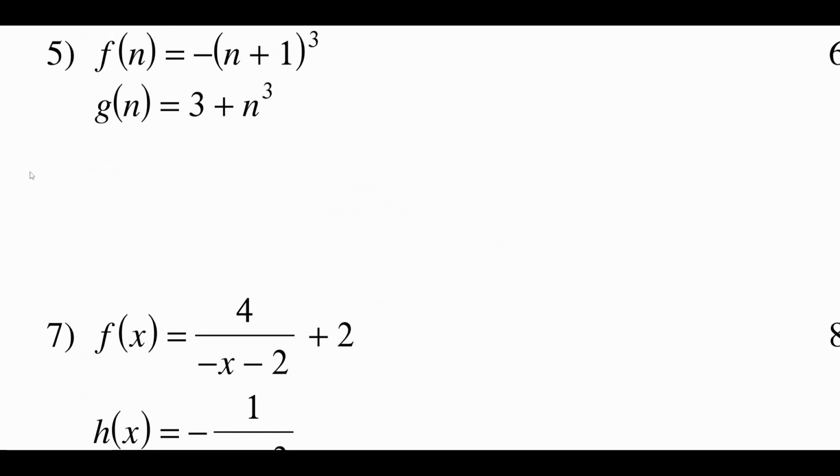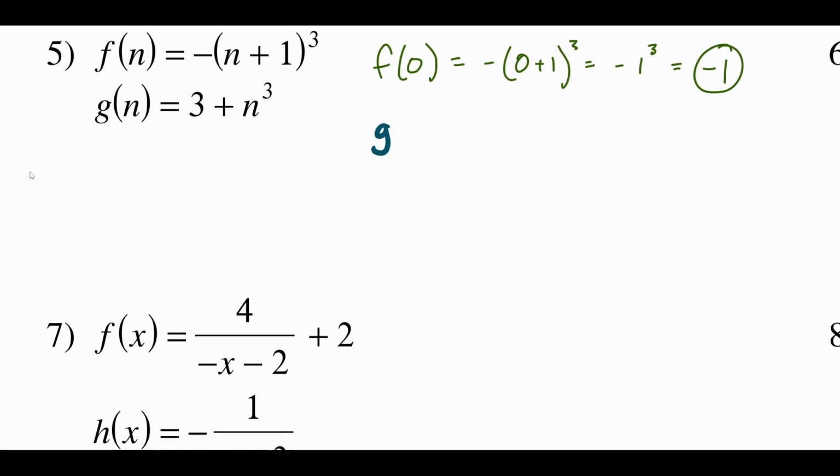Moving on to number 5. Again, let's choose that point of 0. So f of 0 equals negative 0 plus 1 cubed. So negative 0 plus 1 is going to be a negative 1 cubed, which results in a negative 1. So if that's my output for plugging in 0, I'm going to take that output and plug it in to my new function.